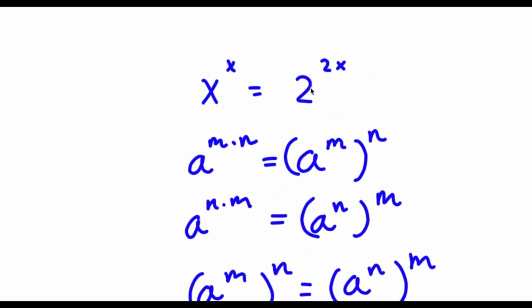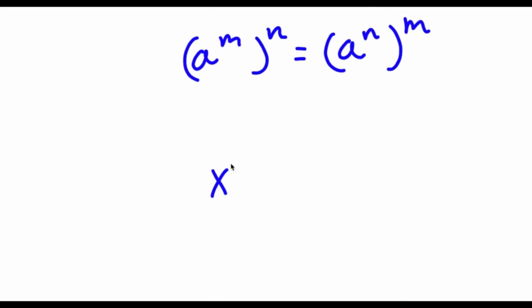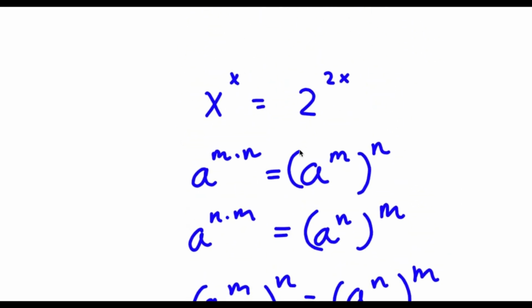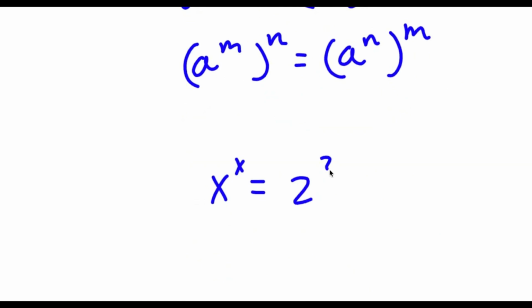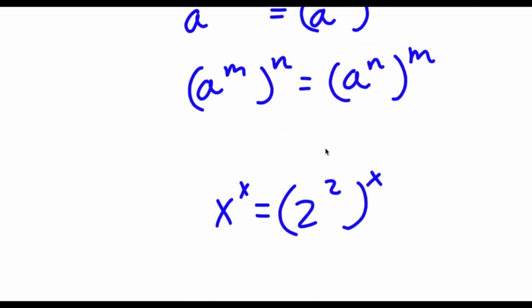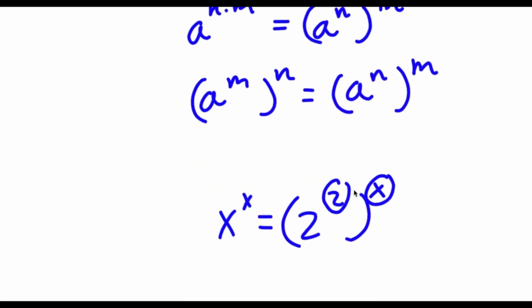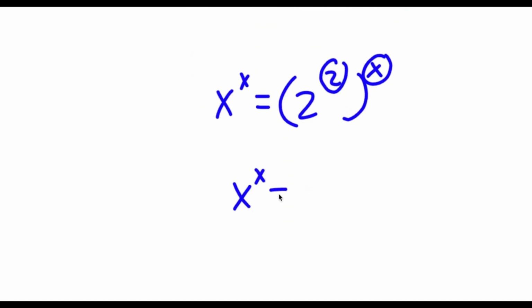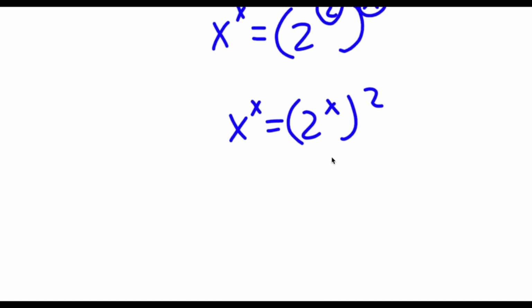So in this case, I have 2 to the power of 2x. So this is the same thing as 2 to the power of 2 to the power of x. And I can also switch these two. So this is the same thing as 2 to the power of x to the power of 2. Now I'm going to divide both sides by 2 to the power of x.